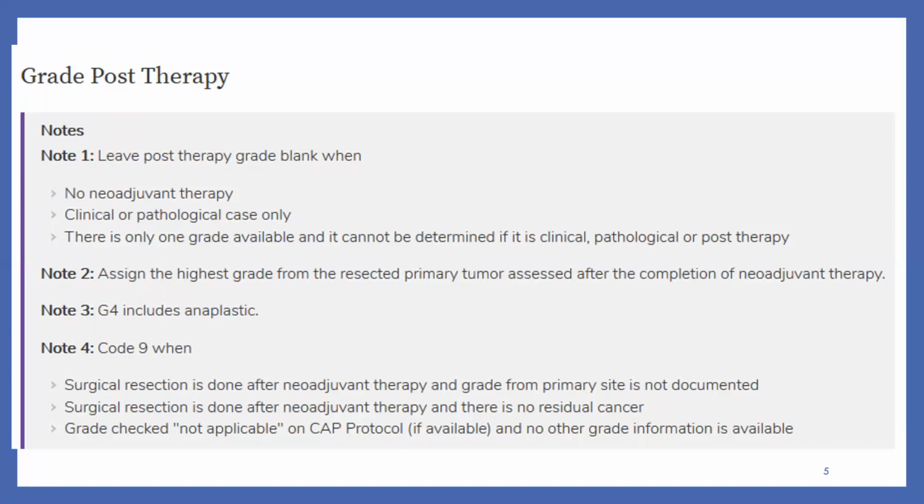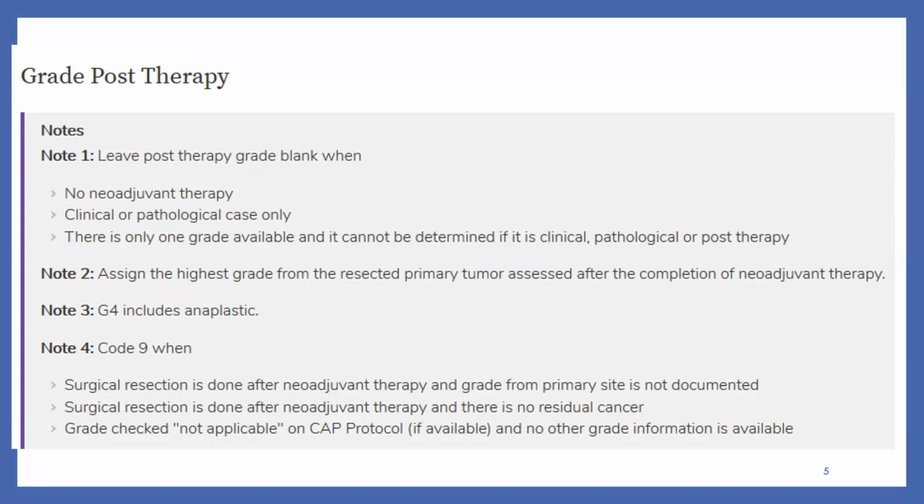When you're coding the grade clinical and grade path, think about you're coding the grade from the tumor, not the specimen. So you want the highest grade overall for that tumor for your grade clinical and grade path.